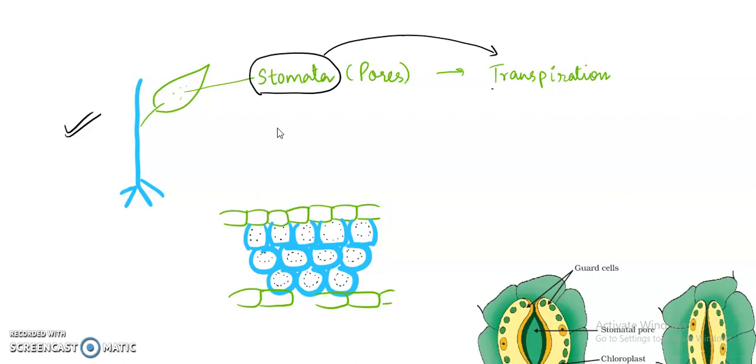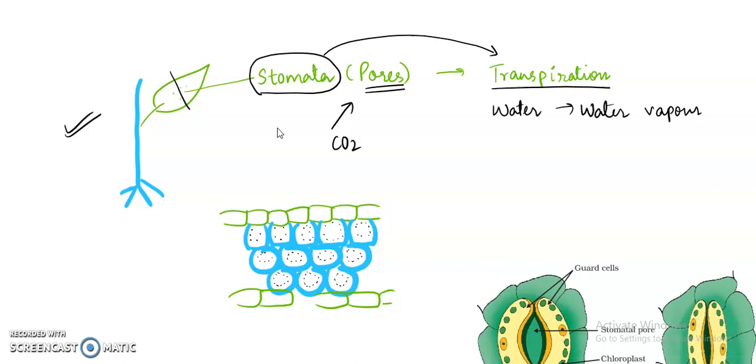The function of stomata is transpiration. Transpiration means the loss of water from the plant in the form of water vapor. Now these are the pores, right? Other than transpiration, these pores also allow CO2 or carbon dioxide to come in.